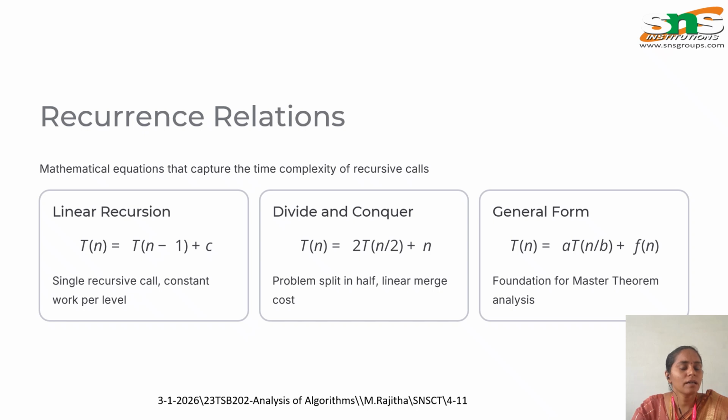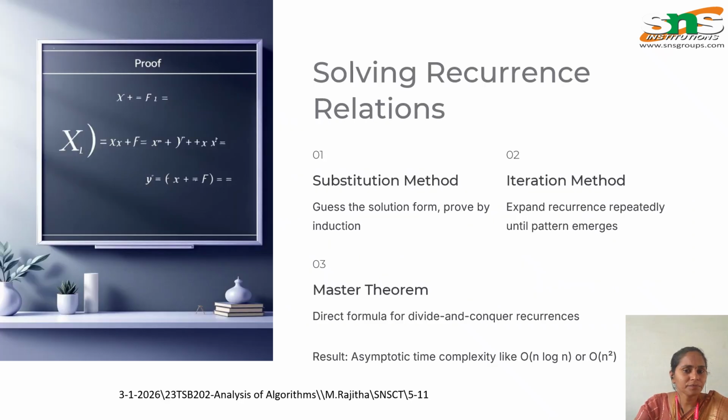Linear recursion has only one recursive call, example form T(n) = T(n-1) + C. Time complexity is usually O(n). Divide and conquer is where the problem is divided into smaller sub-problems. Example form T(n) = 2T(n/2) + n, used in algorithms like merge sort.